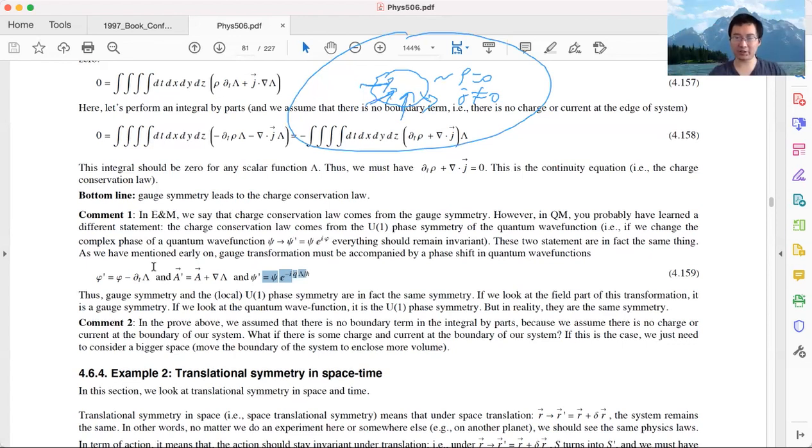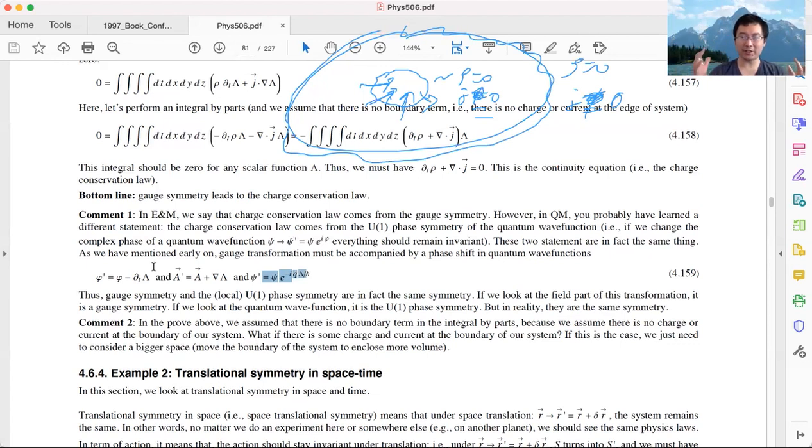If we choose this larger area, that current is no longer a boundary current. It's a bulk current, and it doesn't give us a boundary contribution. We choose a larger area such that charge and current are both zero at the boundary.